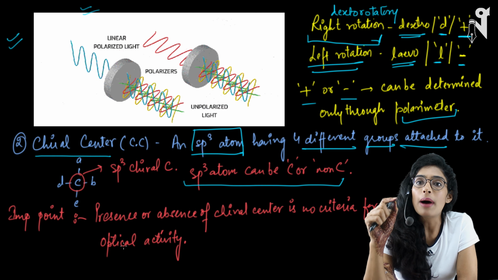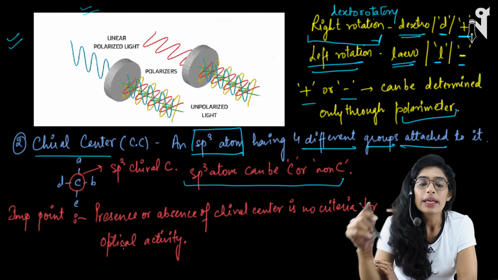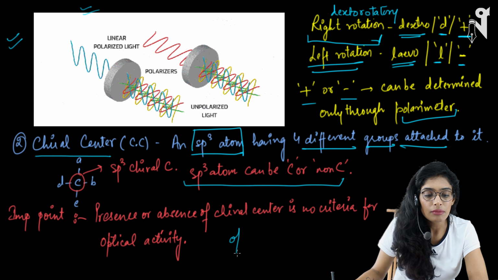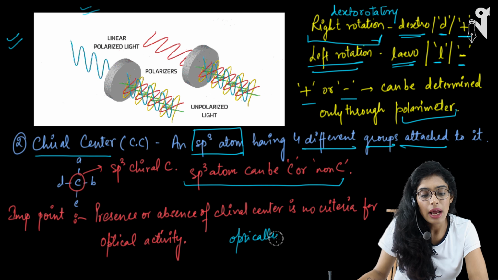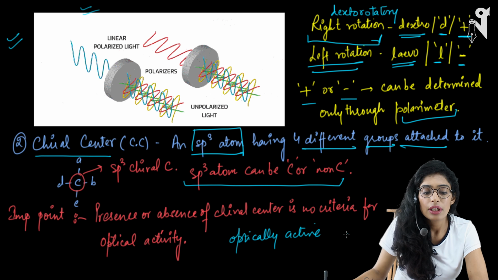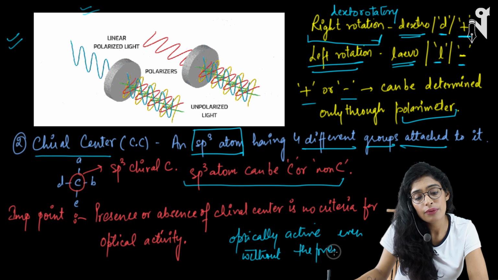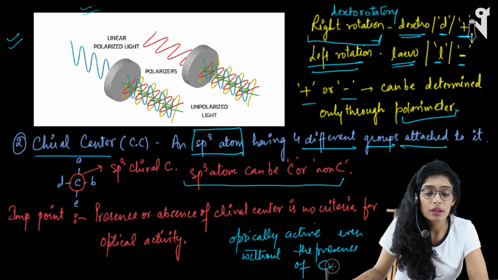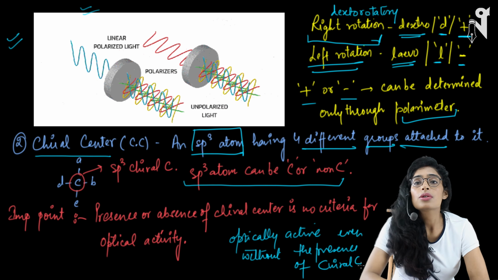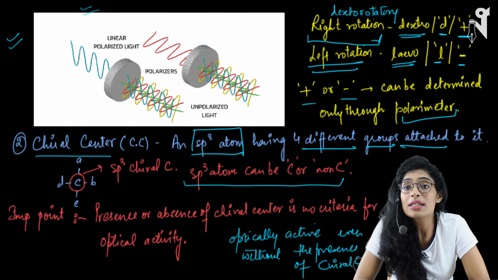That means an organic compound can be optically active even without the presence of a chiral center.